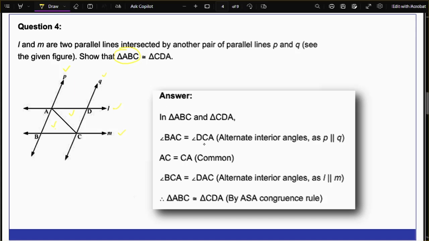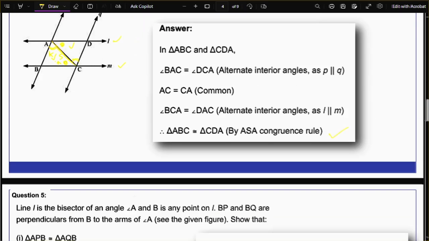It is clear that angle BAC and this angle are the same. Why? These are alternate interior angles. Similarly, these two angles are also equal, which is also an alternate interior angle, and AC is the common side. So by angle-side-angle congruency, these two triangles are congruent. Hence, it's proved.